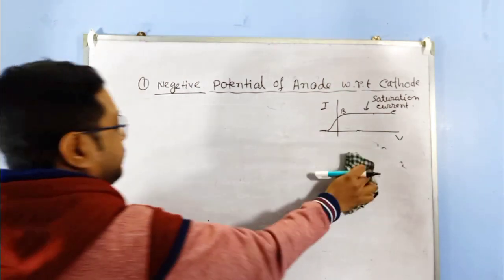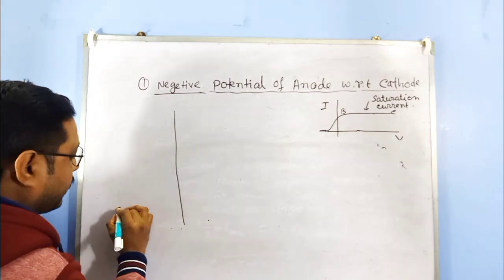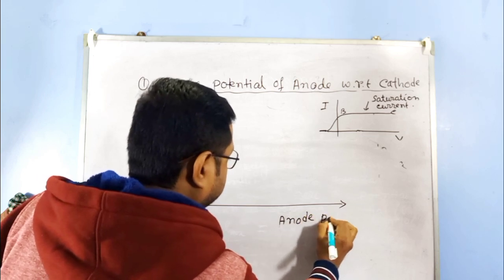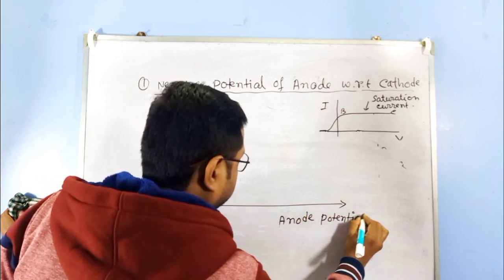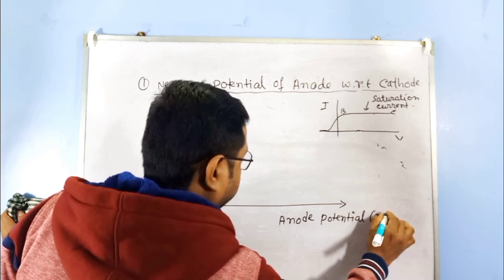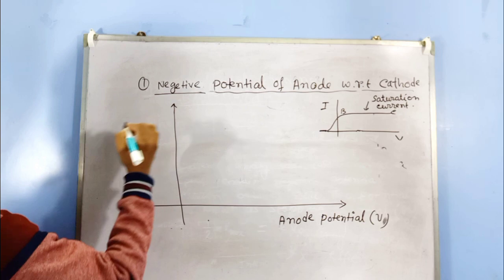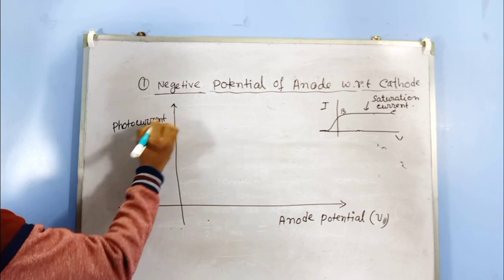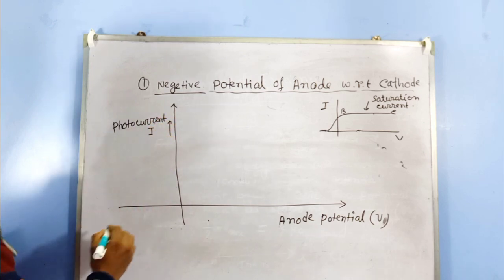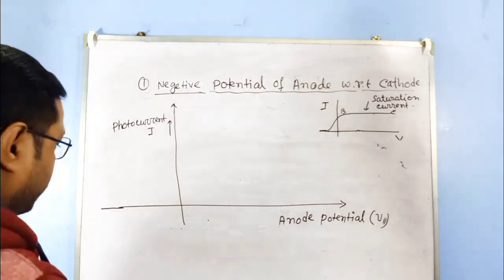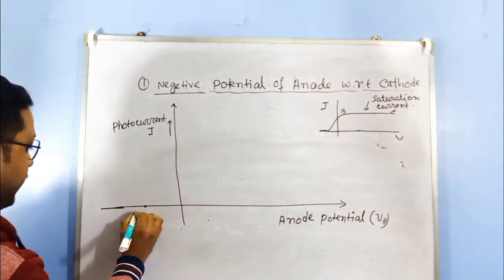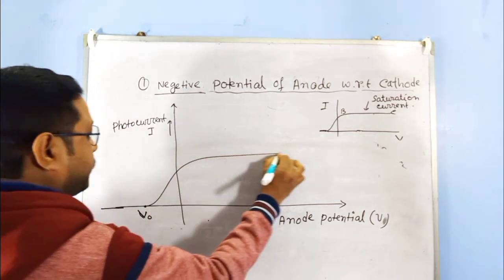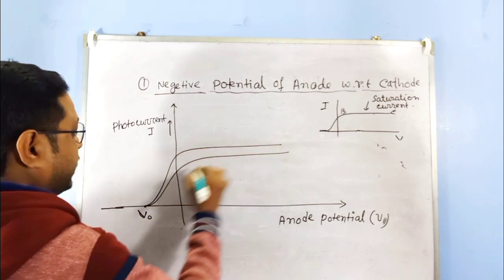Keeping the frequency fixed, if we draw a graph of anode potential V versus photocurrent, with the stopping potential V0, three different curves will occur for three different intensities of light.